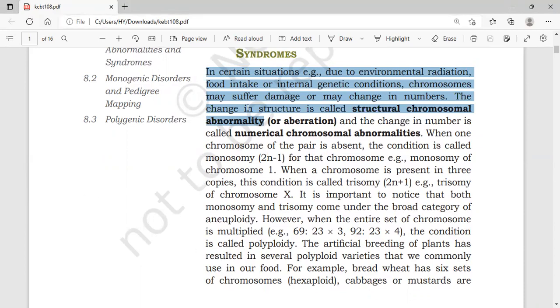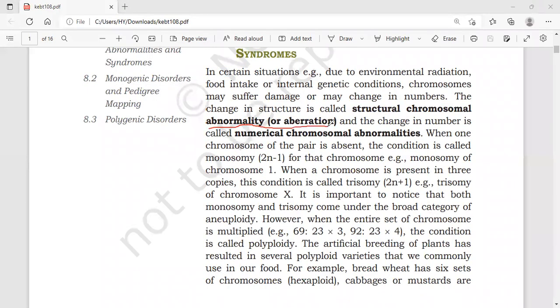This is the difference: structural chromosomal abnormality is called aberration, and a change in number is called numerical chromosomal abnormality. So this we have to remind ourselves.